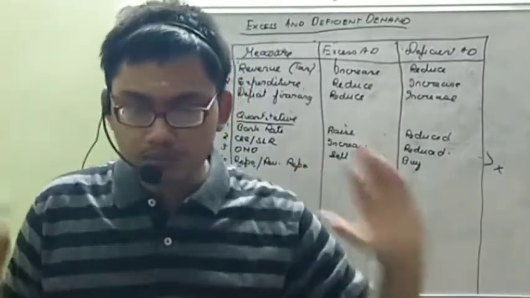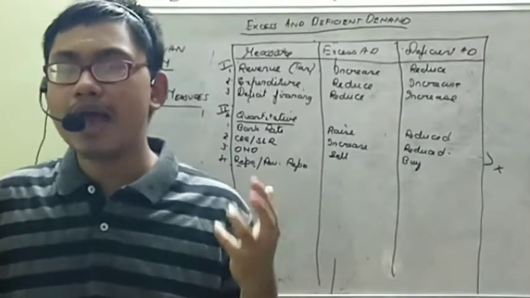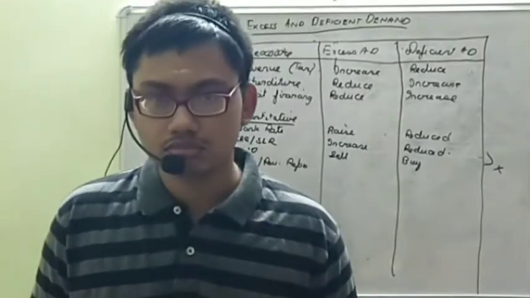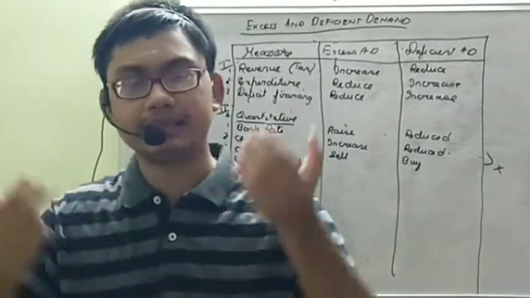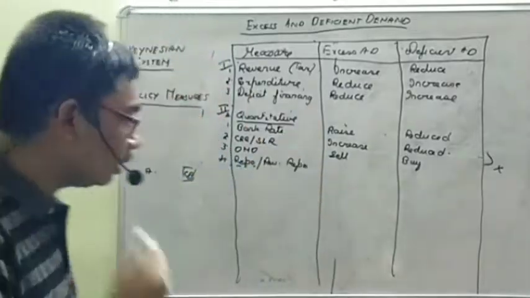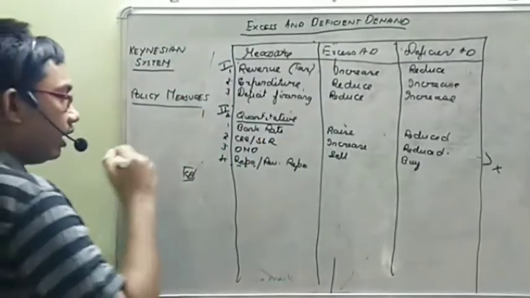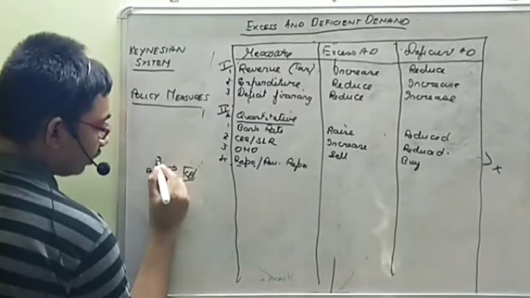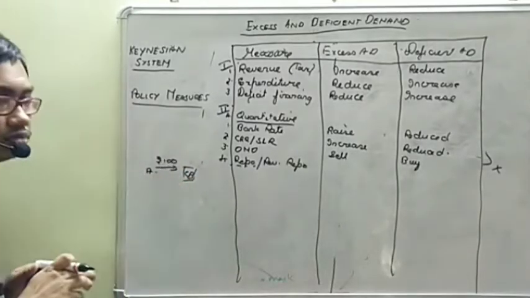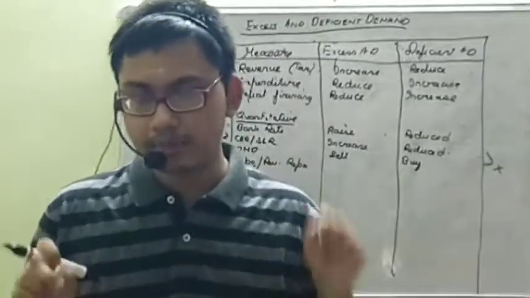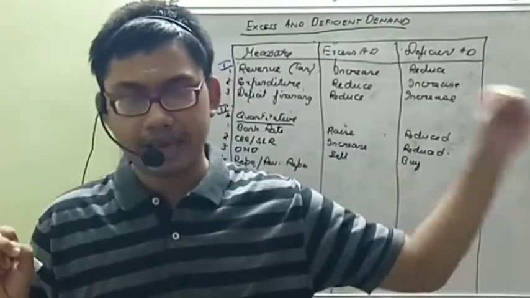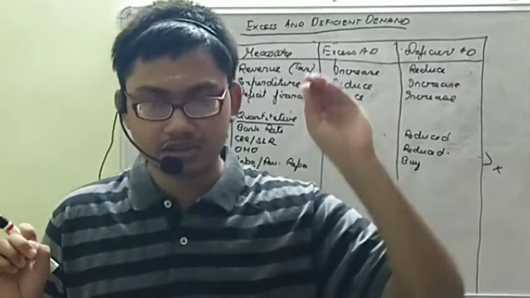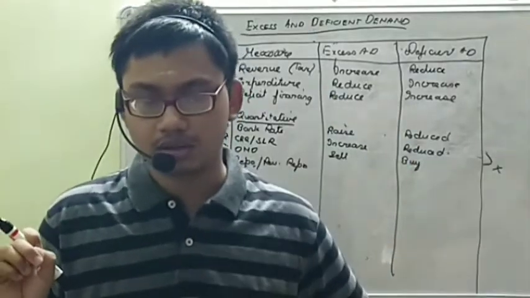Okay, what will happen is, if bank A is in need of money, bank A will sell some securities, say worth rupees 100, to the central bank. Today, say May 31st, bank A will sell securities to the central bank.